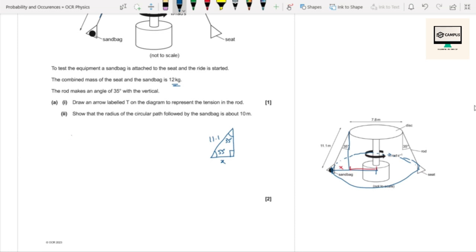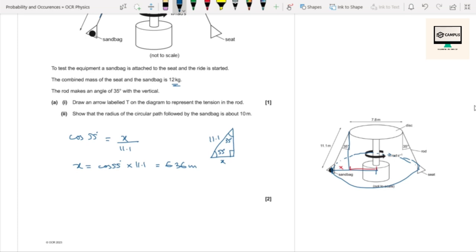So cos of 55 degrees is equal to base, which is x, over hypotenuse, that is 11.1. So x comes out to be cos of 55 multiplied by 11.1. And always remember, for these kinds of questions, to keep your calculator in degrees mode. So x comes out at 6.36 meters.